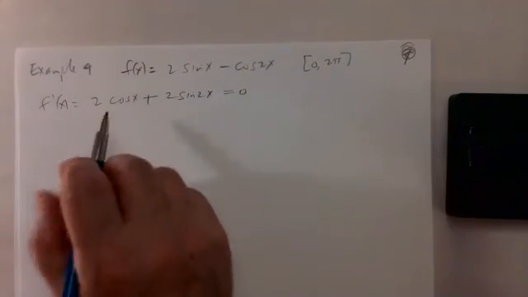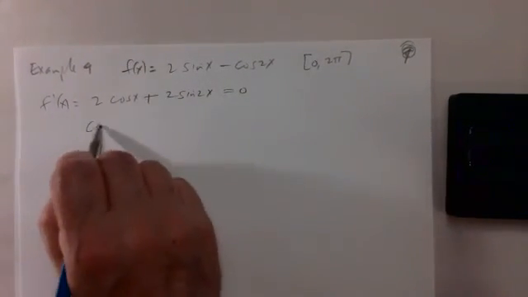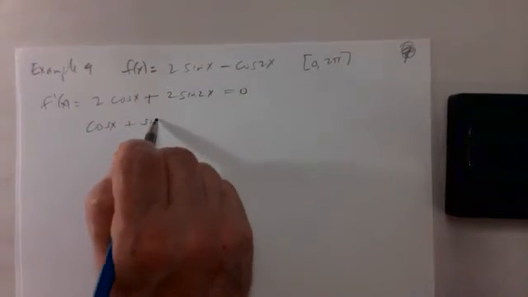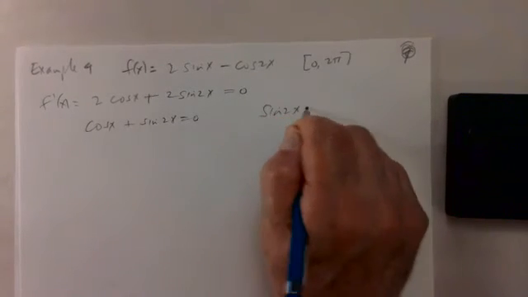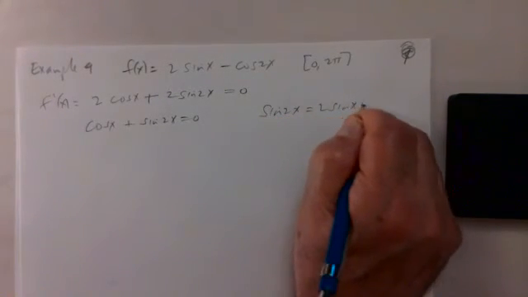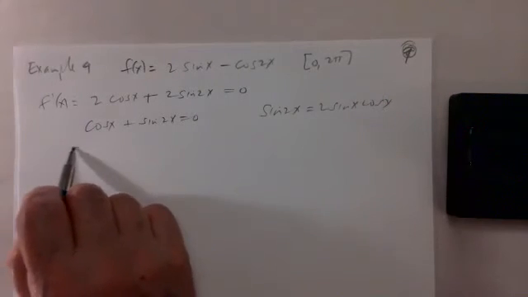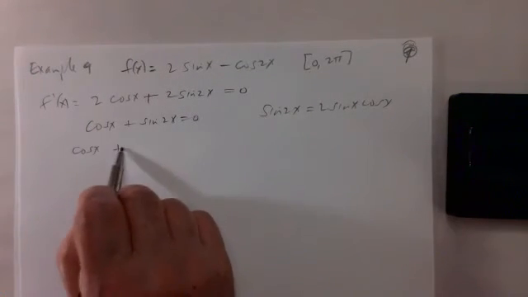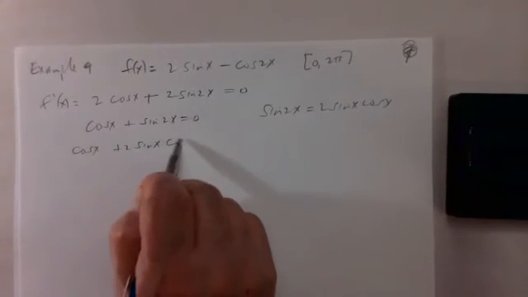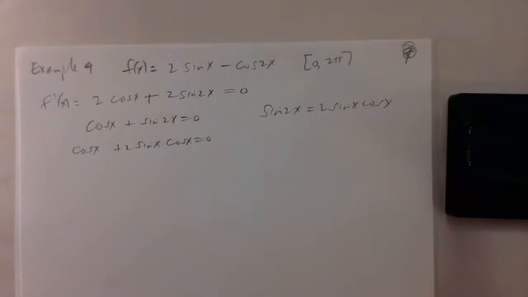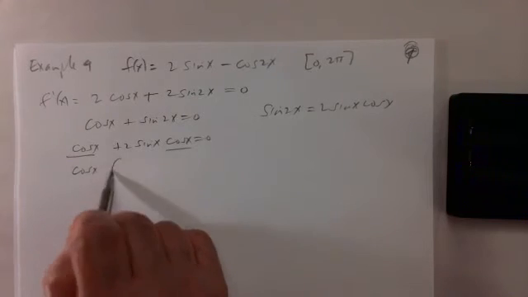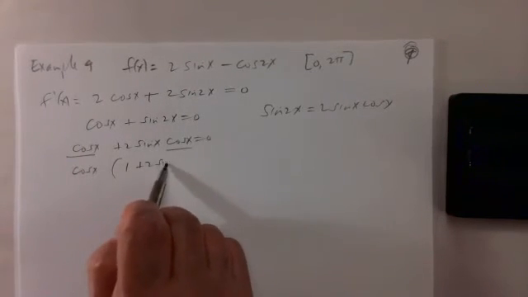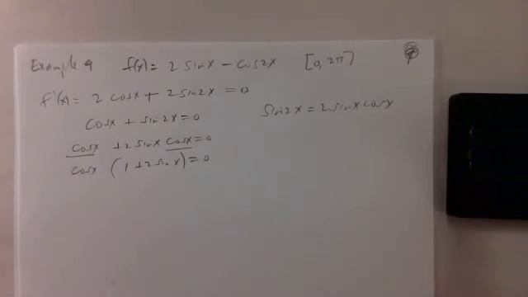This is the same as, if I divide by 2, cosine x plus sine 2x equals 0. But you remember sine 2x is 2 sine x cosine x. So this is the same as cosine x plus 2 sine x times cosine x equals 0. And I can factor a cosine x out of this. I get cosine x times 1 plus 2 sine x equals 0.